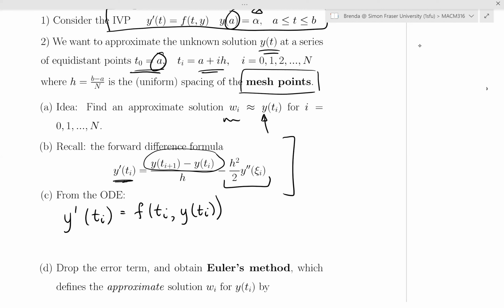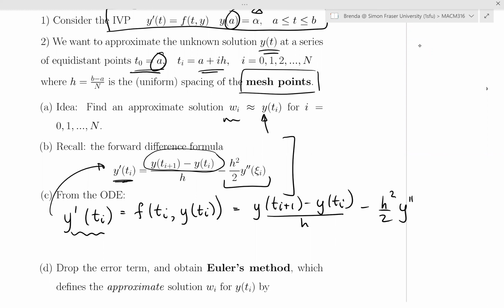So now I write out what this is from above: y at Ti plus 1 minus y at Ti divided by h, minus h over 2 times the second derivative.